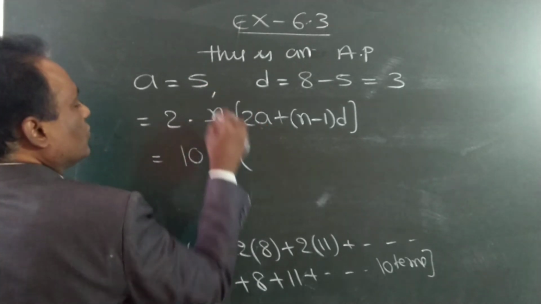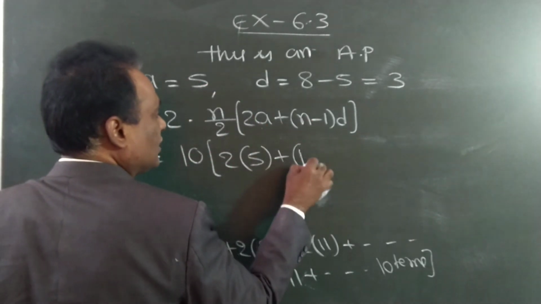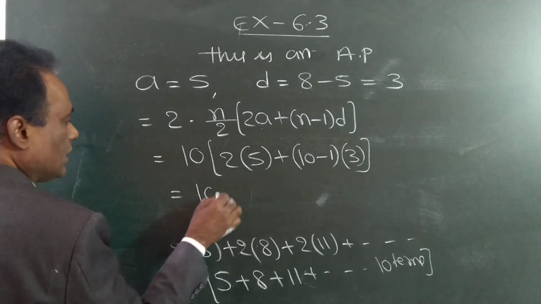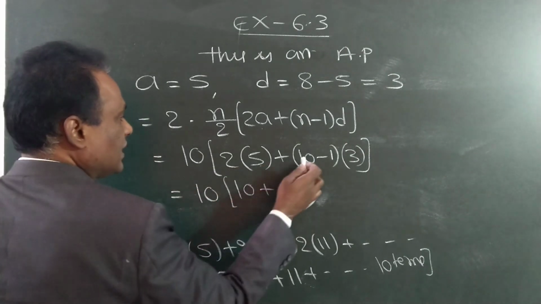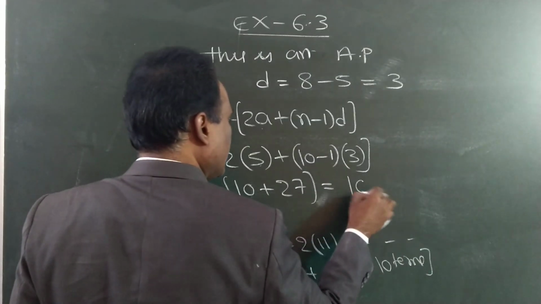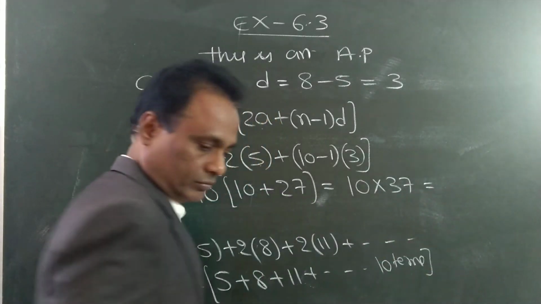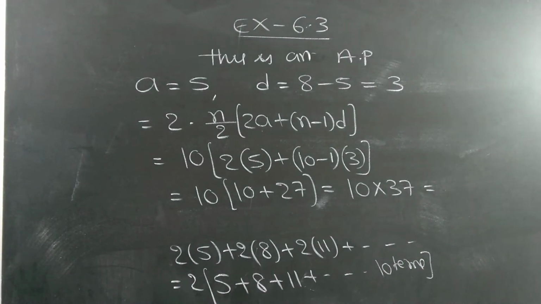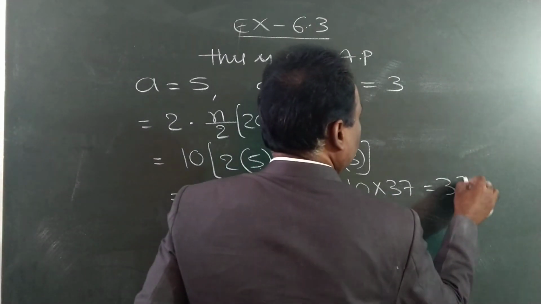2 into a, which is 5, plus n is 10 minus 1 into difference 3. 10 into 2 times 5 is 10, plus 10 minus 1, 9 times 3 is 27. 27 plus 10 is 37. 10 into 37. 10 into 37 is 370 meters.